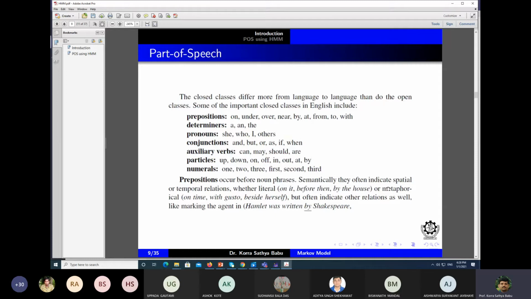A and an mark a noun phrase as indefinite, while the marks it as definite. Definiteness is a discourse property in the continuity of sentences. Articles are quite frequent in English. Indeed, the is the most frequently occurring word in most English corpora, and a and an are generally behind the word the.